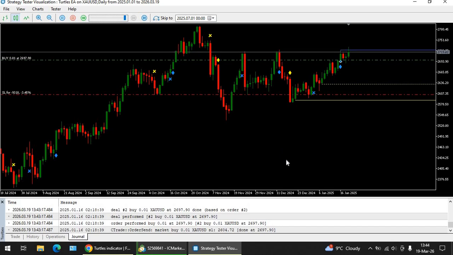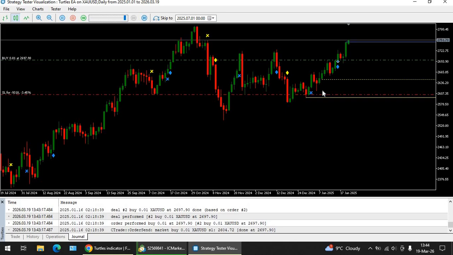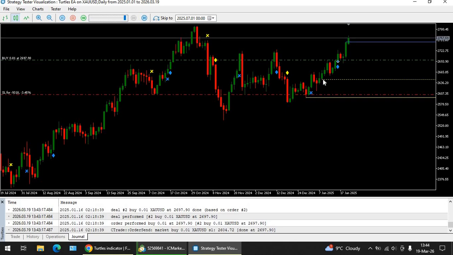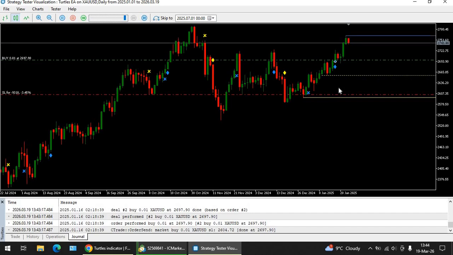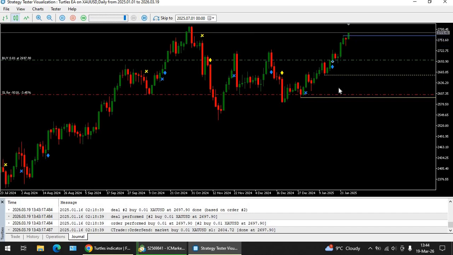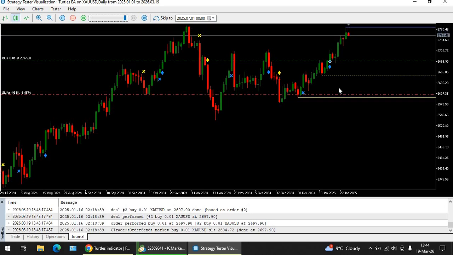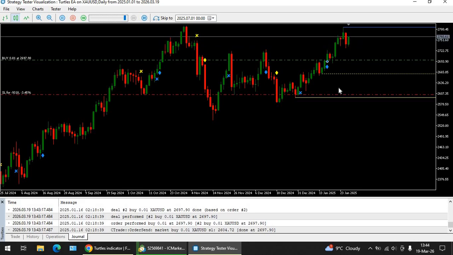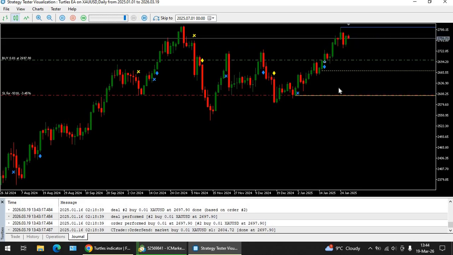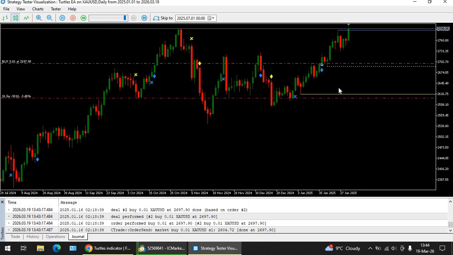Because the trail stop uses such a short period of time, you can see that from here it already moved, and it will continue to move. Also, you can see that the EA does not open trades at the bottom and will not close the trades at the top. It tries to catch a big portion of the trend, the meat of the trend, as it is said.